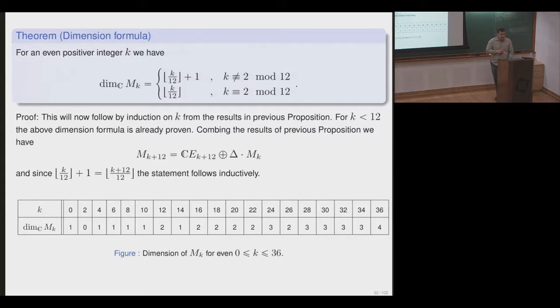So essentially, it is just the floor of k over 12 plus 1, but there's always something going on in weight 12 plus if k is congruent to 2 mod 12. And so on the last line, I've displayed this sequence of numbers.